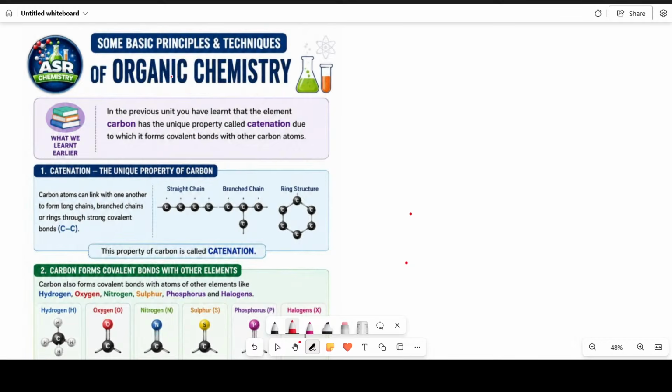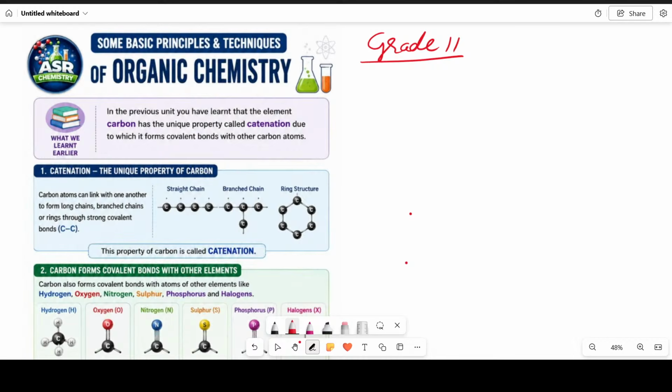So in today's session, I'm going to deal with some basic principles and techniques of organic chemistry from grade 11. So before that, what is organic chemistry? Organic chemistry studies the structure of carbon compounds, properties of organic compounds, preparation and reactions of these compounds.